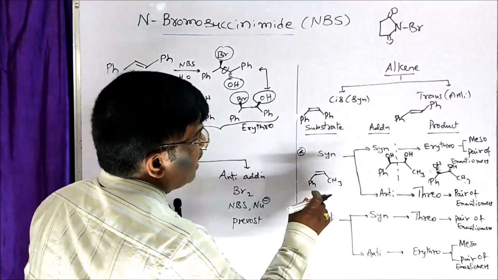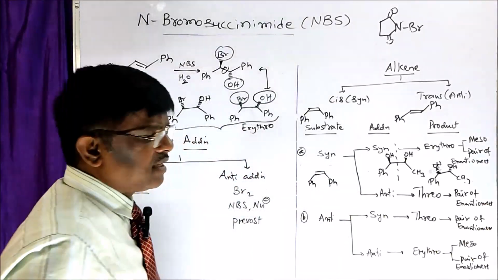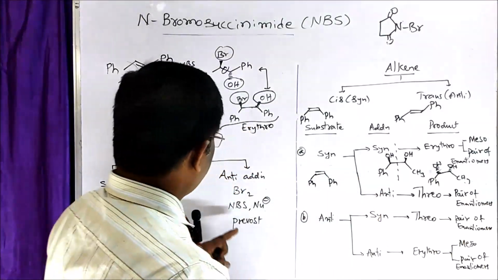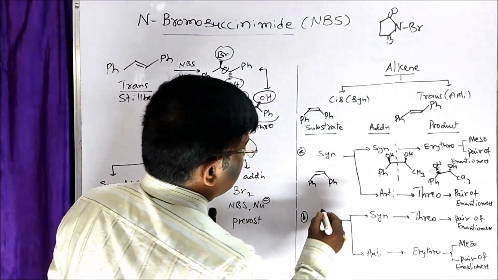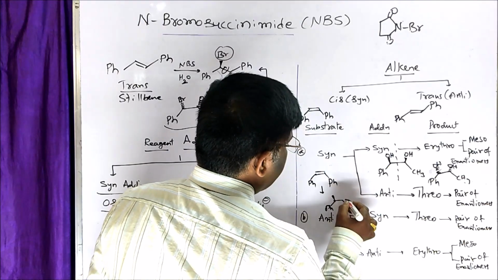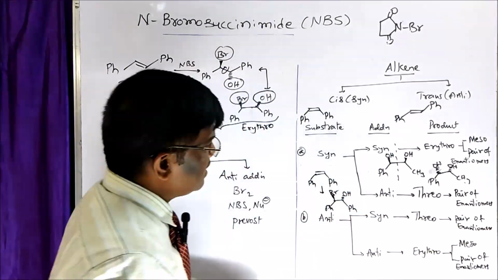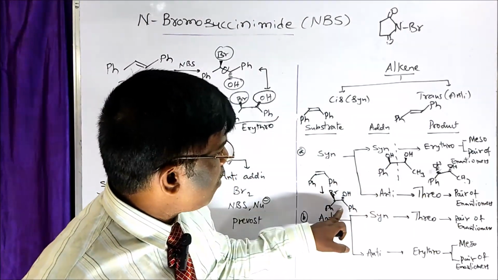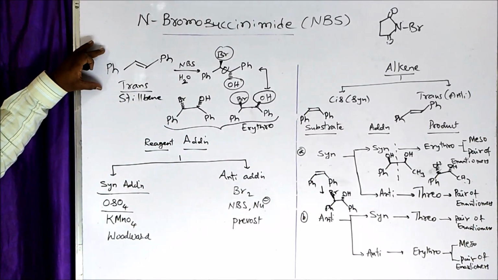Similarly, if I do the anti-addition, for example on the same cis stilbene. What is anti-addition here? Yes, N-Bromosuccinimide anti-addition. So what are we going to get? We are not rotating anymore. Here we are going to get this anti-addition product, a threo compound. Here, this example is a trans example.